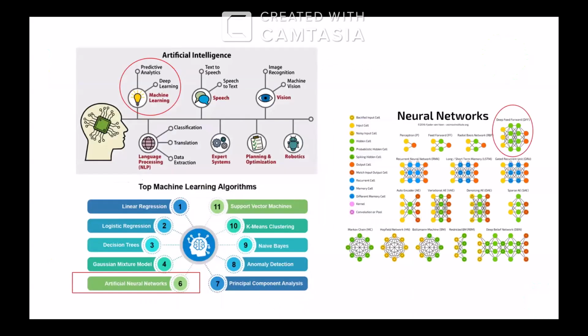And based on the different strategies and different types of data we depend upon for making intelligence, artificial intelligence has a lot of subdomains like machine learning, speech processing, computer vision, natural language processing, expert systems, planning and optimization, and robotics.